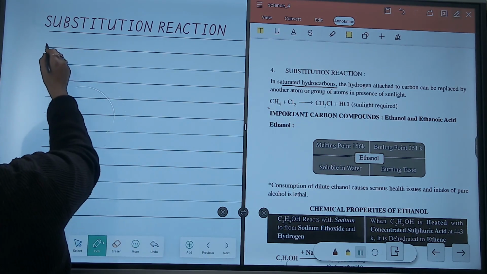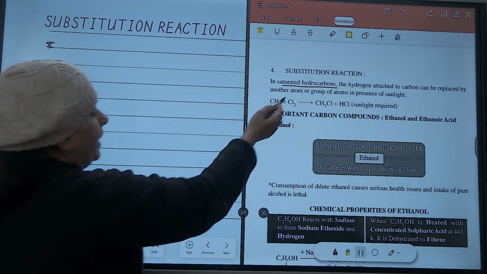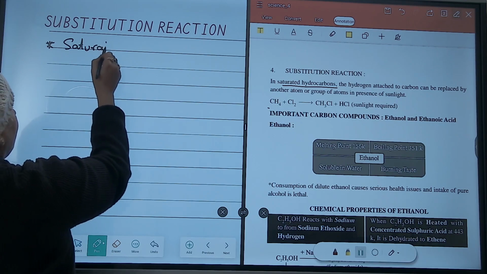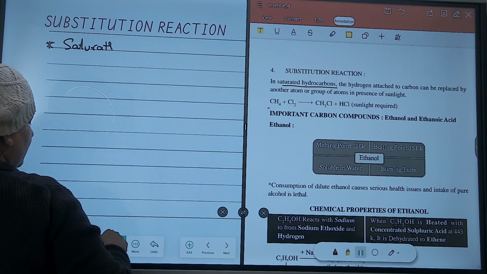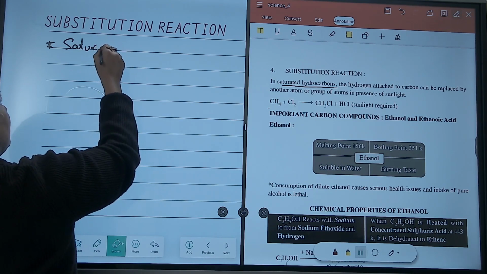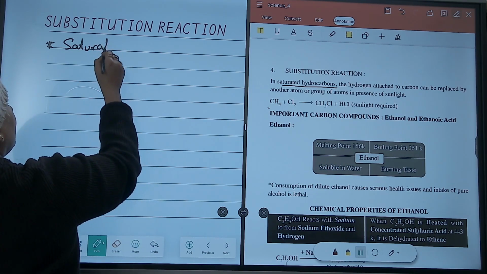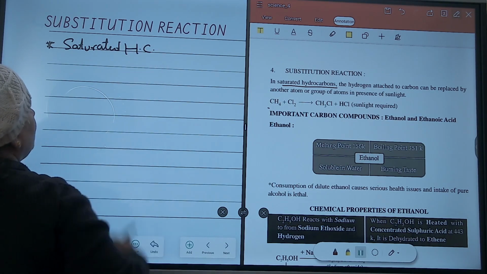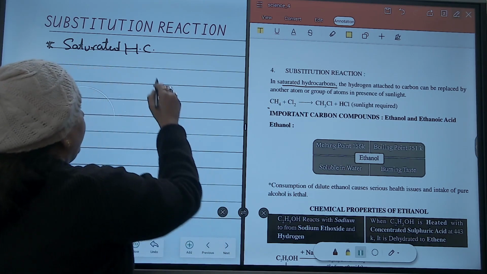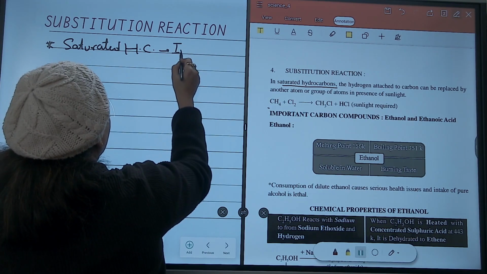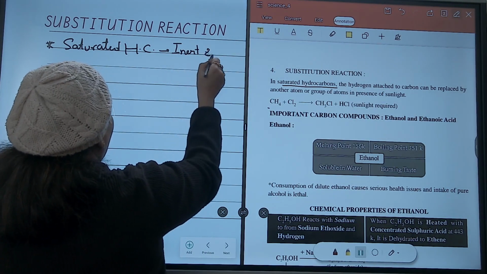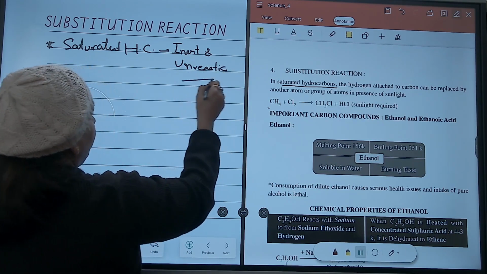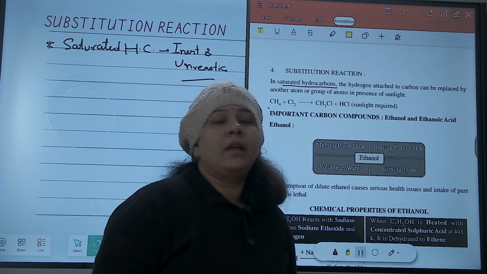One more important point: saturated hydrocarbons are very unreactive and inert as compared to unsaturated compounds.